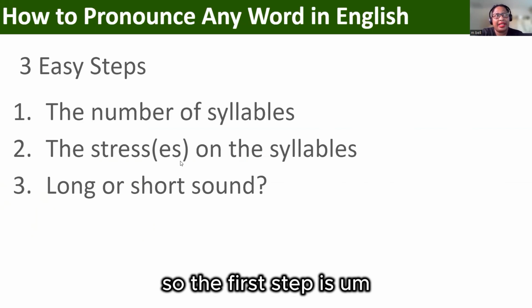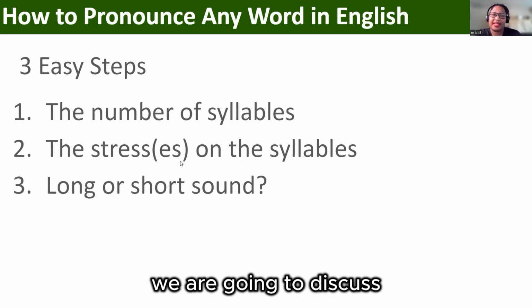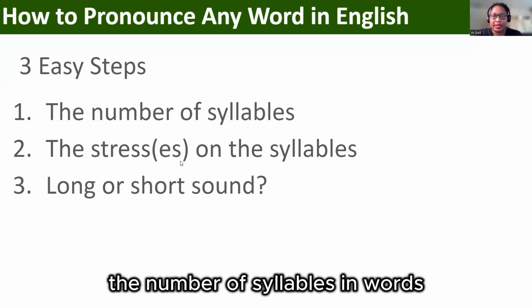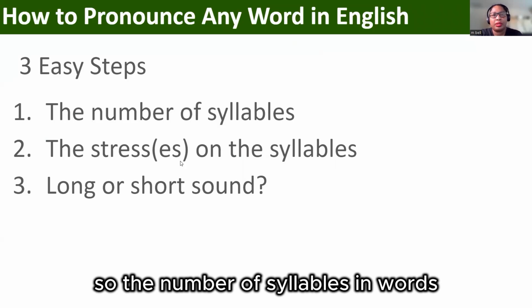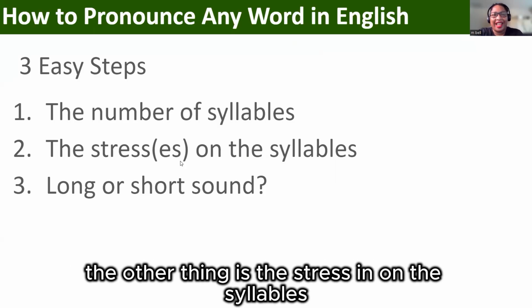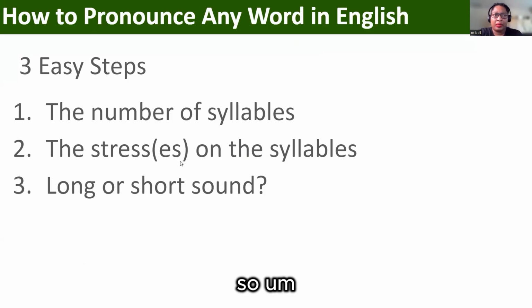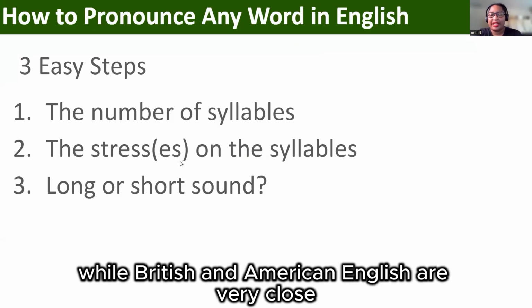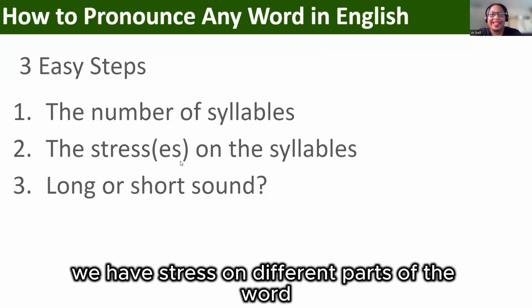The first step is we are going to discuss the number of syllables in words. The number of syllables in words is critical in pronouncing English words correctly. The other thing is the stress on the syllables. While British and American English are very close, we have stress on different parts of the word.